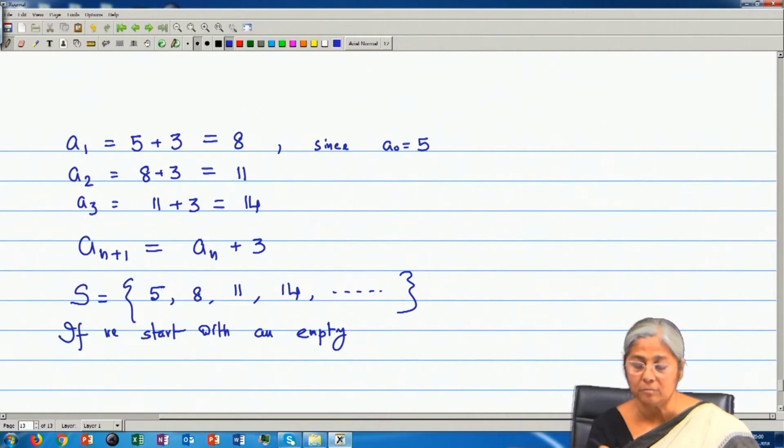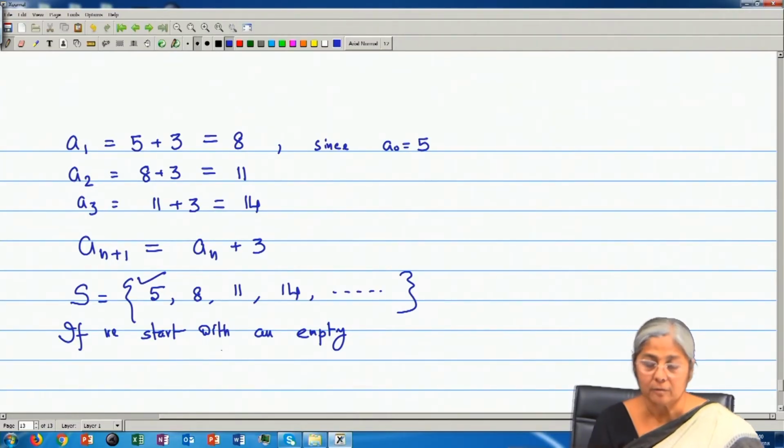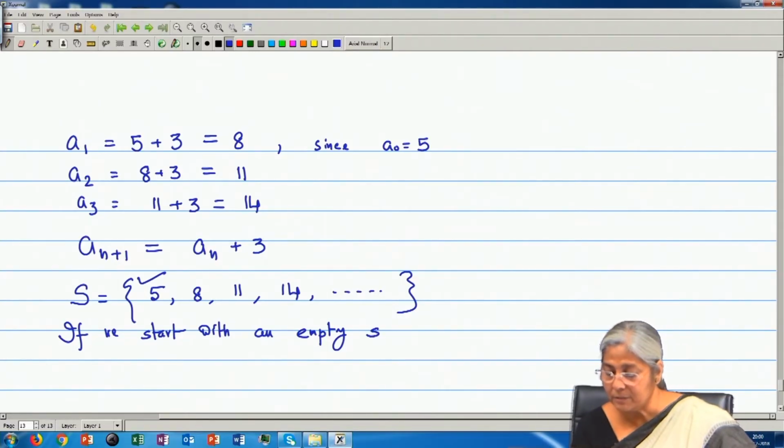So, I started with as if this is my initial element, or I could start with an empty set.